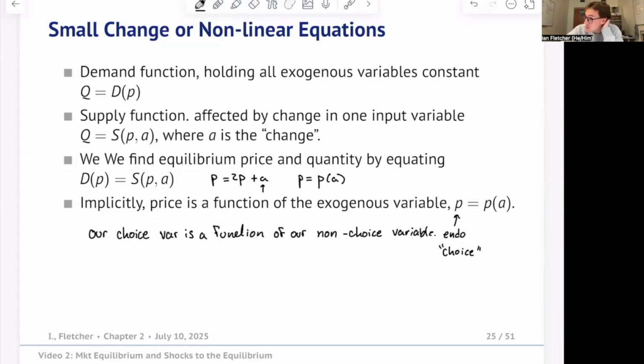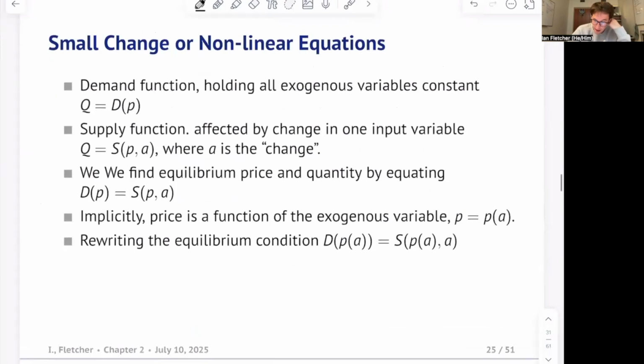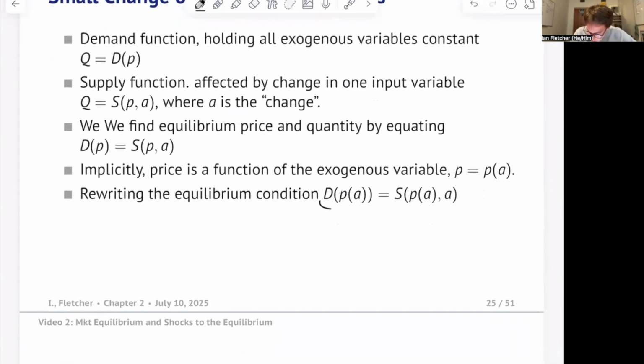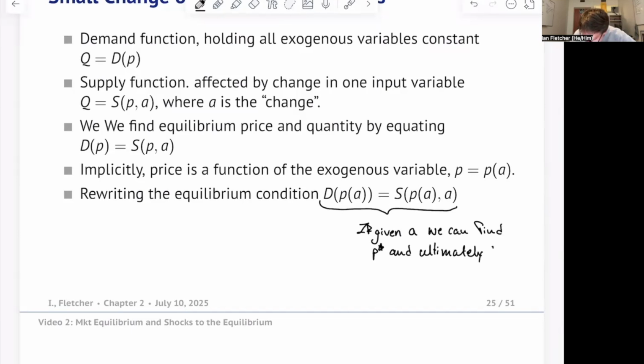And this is super important because when we say that it is a function of our non-choice variable, it allows us to rewrite our equilibrium condition as this, which now, if given A, we can find P star and ultimately Q star. And so this is often what we use when we're thinking about very, very small changes, right?